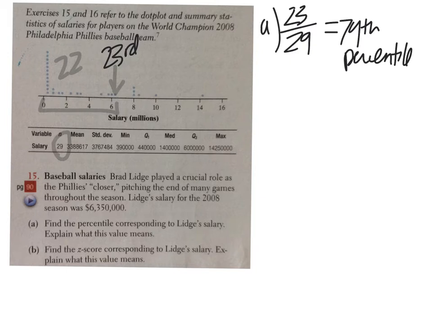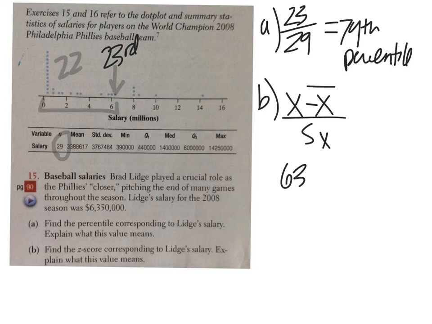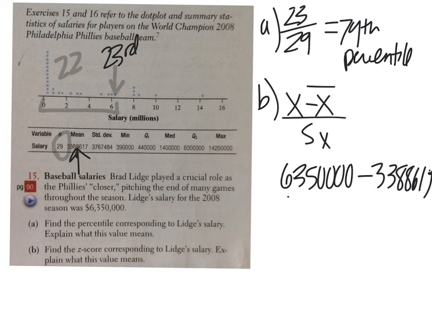Now, finding the z-score. Remember, z-score is always the value minus the mean over the standard deviation. So I'm going to do 6,350,000 minus the mean, which I can find right there, 3388617, and then divide that by the standard deviation, which is there.